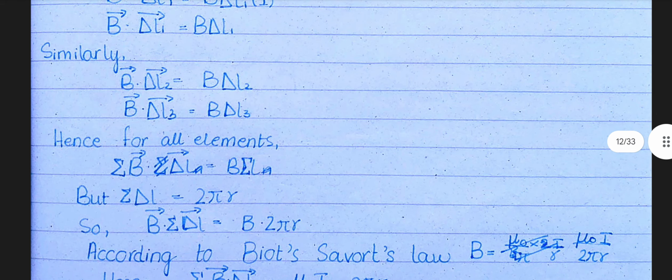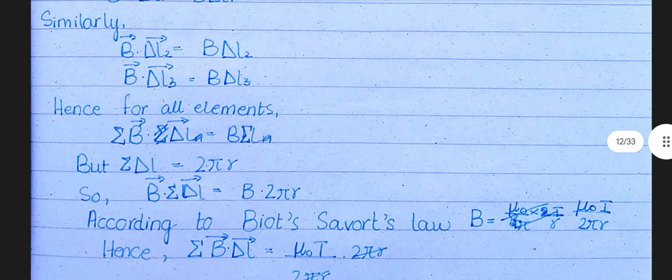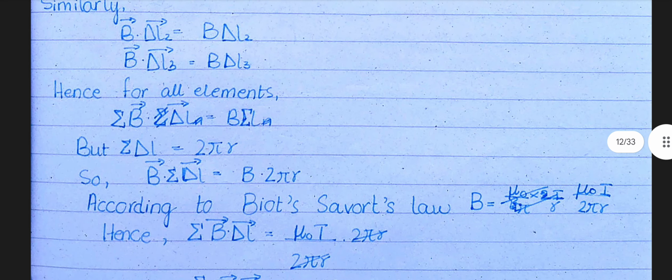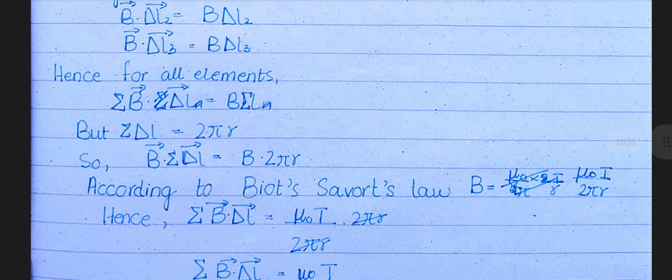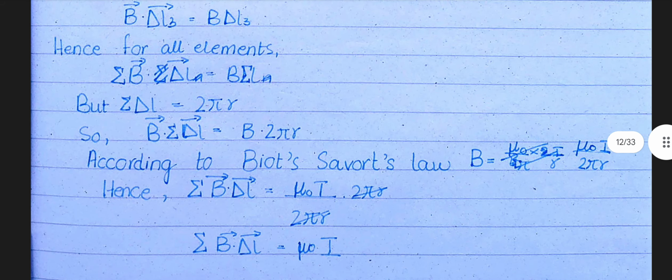Hence for all elements, summation B vector dot delta L vector is equal to B summation delta L, but summation delta L is equal to 2 pi r. So summation B vector dot delta L vector is equal to B times 2 pi r.